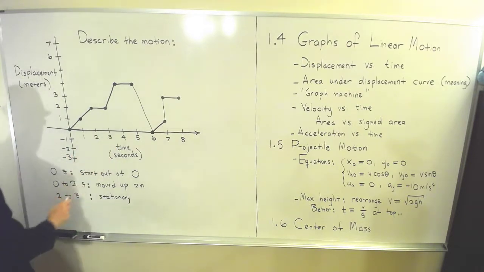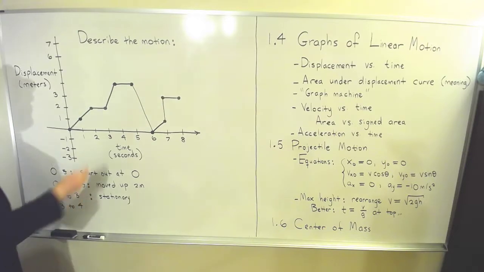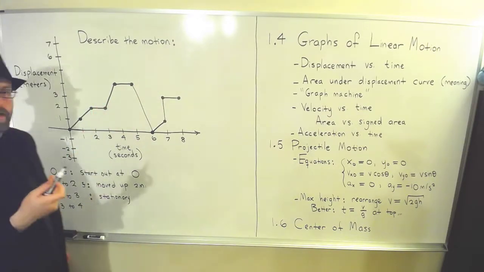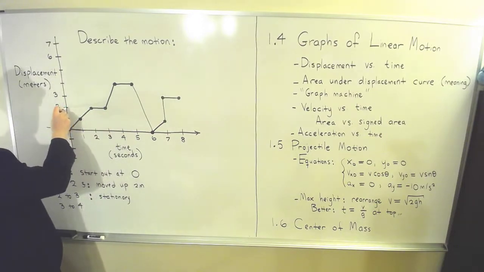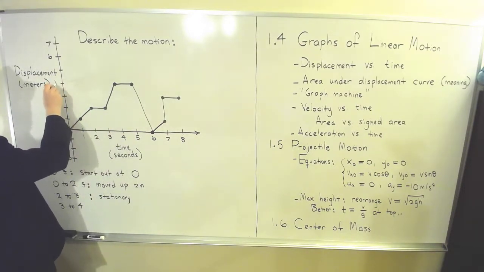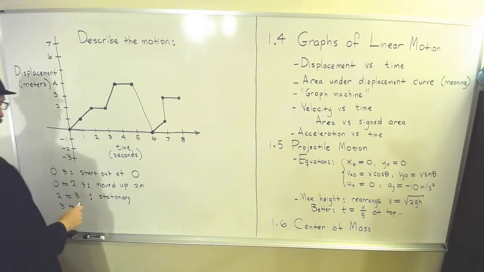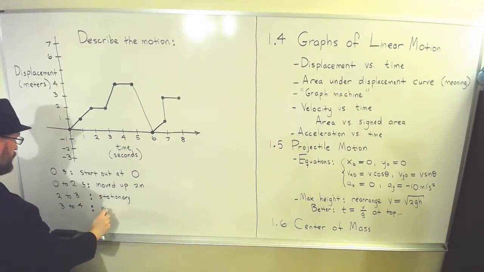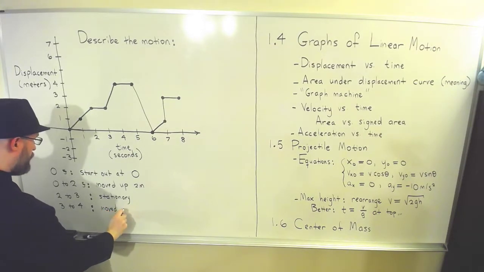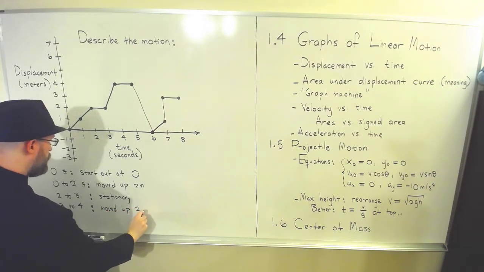And then what happens between 3 and 4 seconds? Well, the line is straight, so you're moving at a constant velocity, and in 1 second, you're going from a position of 2 to a position of 4. So you moved up 2 meters.